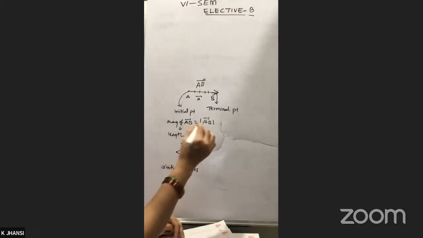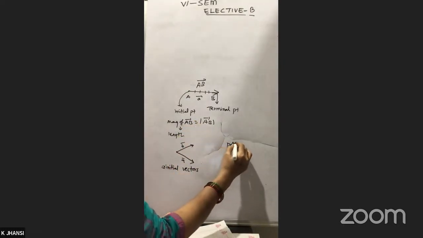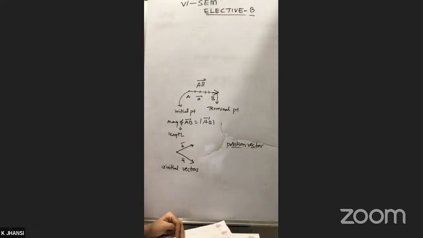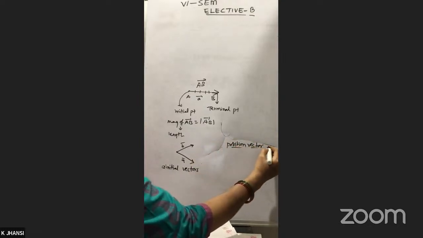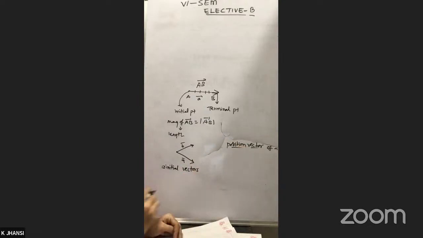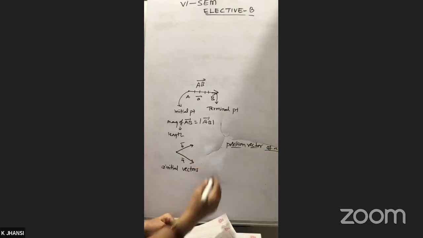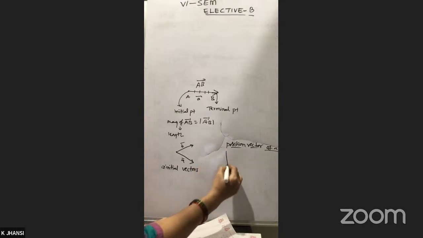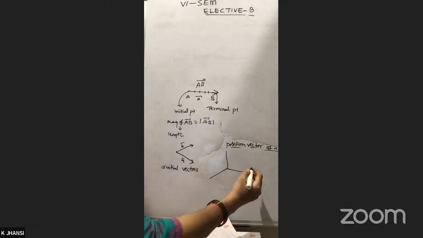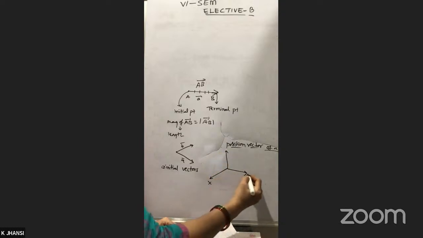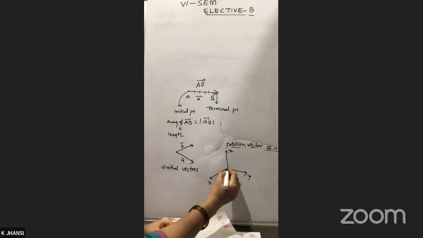Next, one more concept which is important is the position vector of a point. Position vector of a point P: we know that if we are dealing with three-dimensional geometry, we have a figure like this. This is X, this is Y, and this is Z, and this is the origin, so you will have 0, 0, 0, because we have three coordinates.